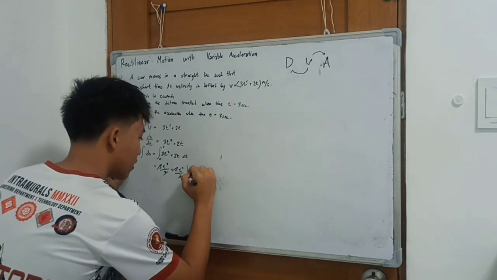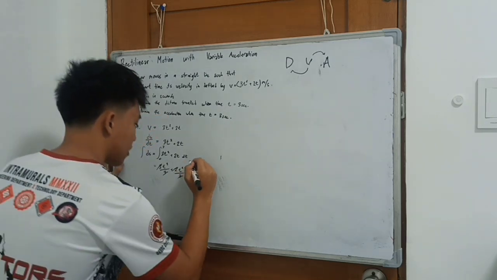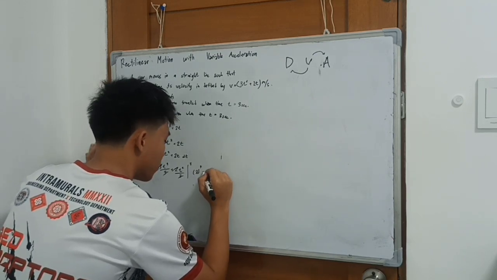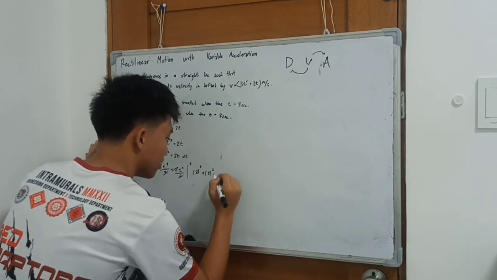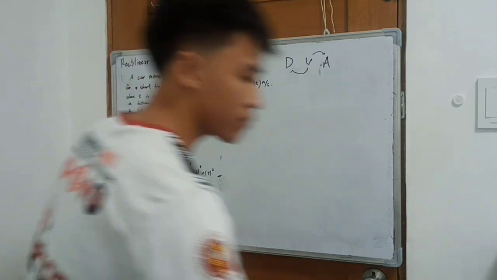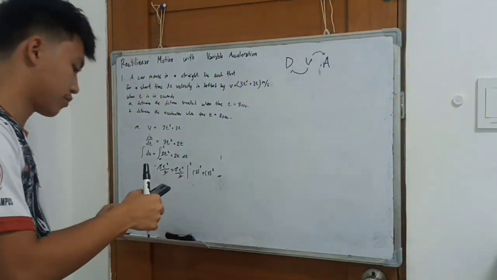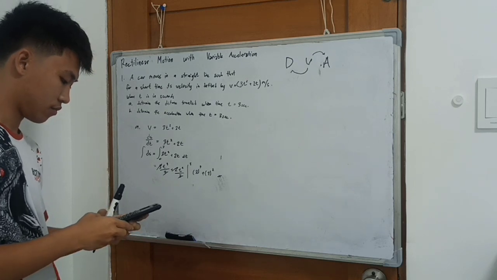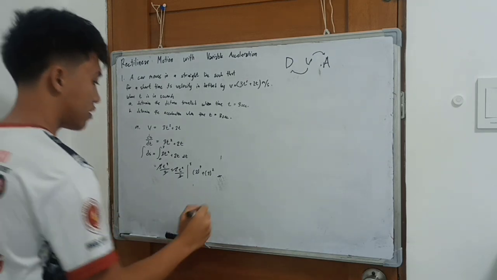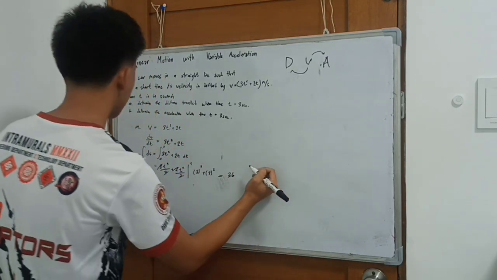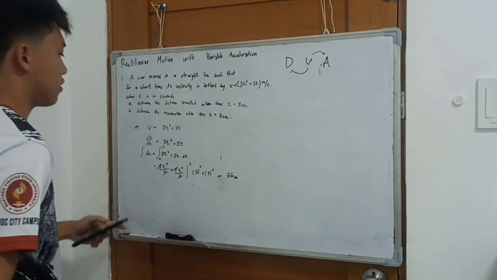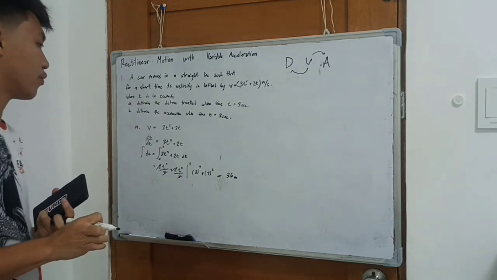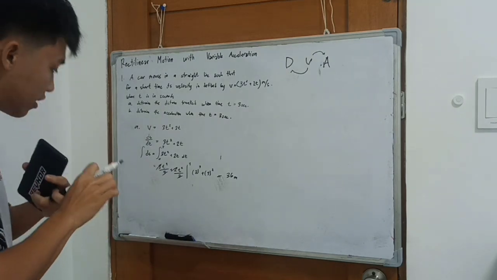So t is 3 seconds: 3 cubed plus 3 squared is equal to 36. So the answer is 36 meters. That's how you can get the distance when the given is the velocity function.